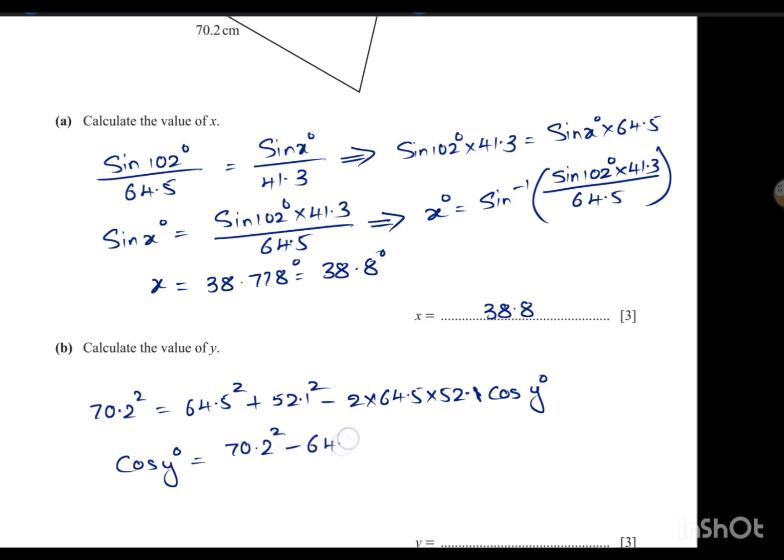Keeping that, if I change the sign of these two square numbers, and this part is getting multiplied to cos y, so that will be divided on the other side. Now we want only y, so it will be cos inverse of this whole value.